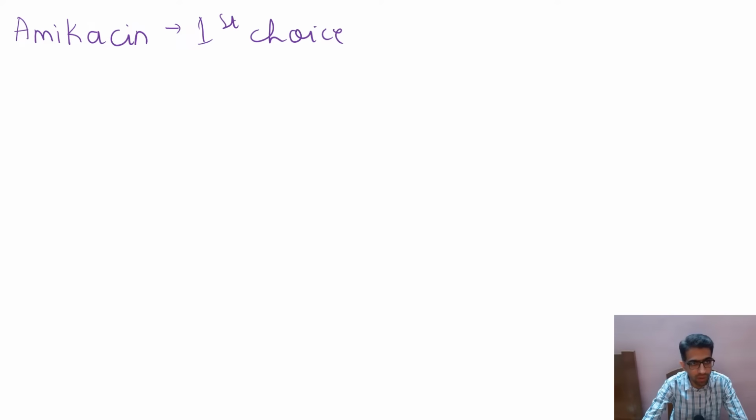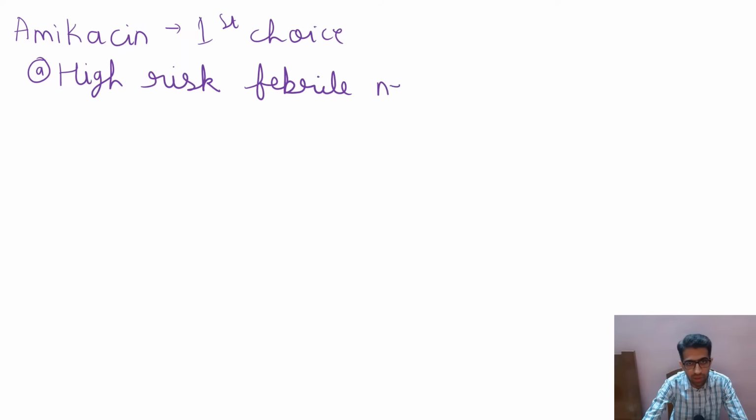So now talking about other medicines in the same group, like we have amikacin, which is an aminoglycoside. So this is basically the first choice of drugs in the case of high risk febrile neutropenia. Yeah, I'm sure you are very well acquainted with this condition.